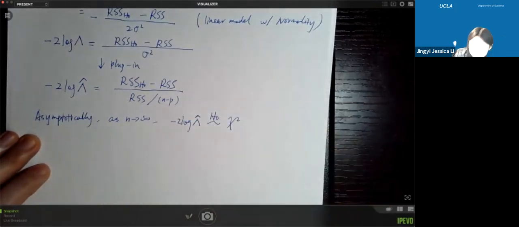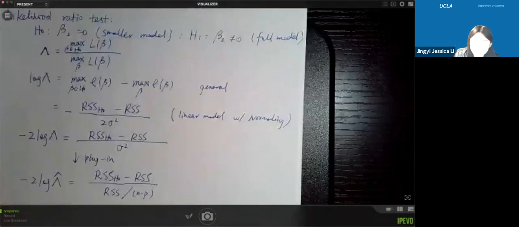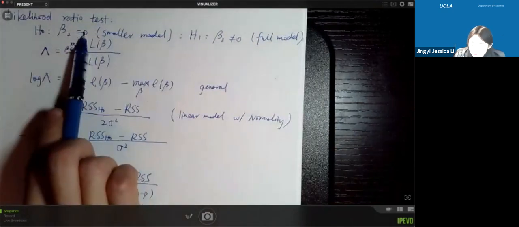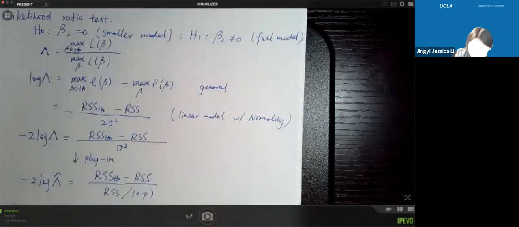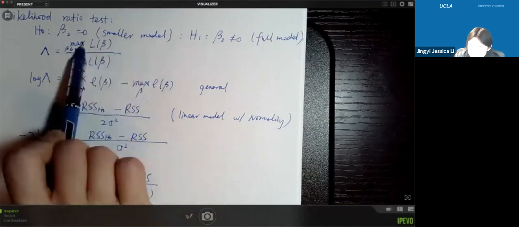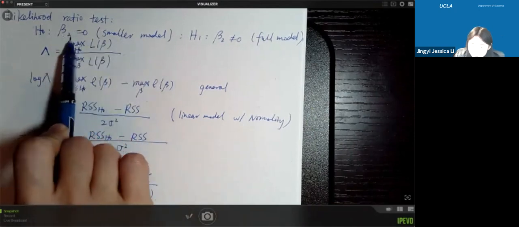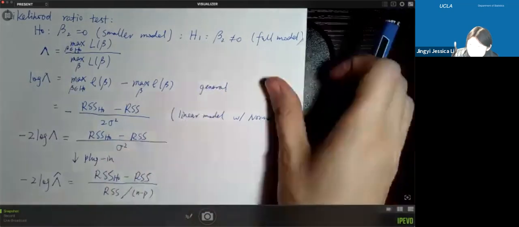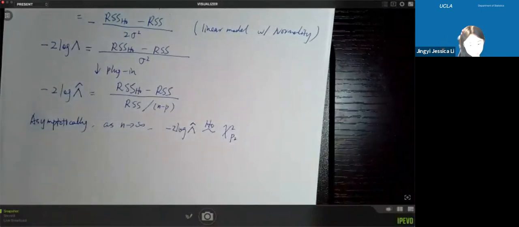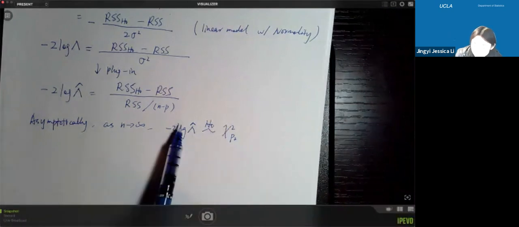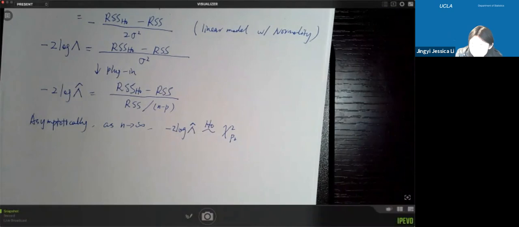And the degrees of freedom is the difference in the number of parameters between the smaller model and the full model. And the difference is p2, because here you specify the p2 parameters to 0, while here you do not. So it's the chi-square with p2 degrees of freedom. So you see, this is similar to the Wald test in terms of the limiting distribution, but the test statistic is different. It's not the W, but it's the log likelihood ratio. They're slightly different.